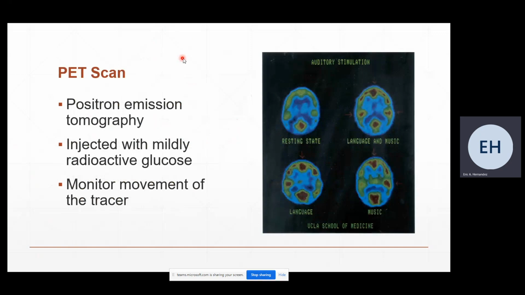PET scan. PET stands for positron emission tomography. We inject the brain with a mildly radioactive glucose. The reason we use glucose is because glucose is your brain's energy source. Glucose is your brain snack of choice. This is why people that do keto diets get headaches, because whenever your brain is deprived of glucose, your brain will produce ketones, and ketones are not as sustainable as glucose.